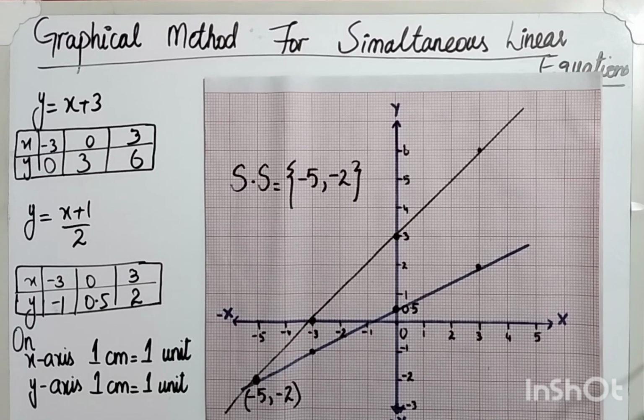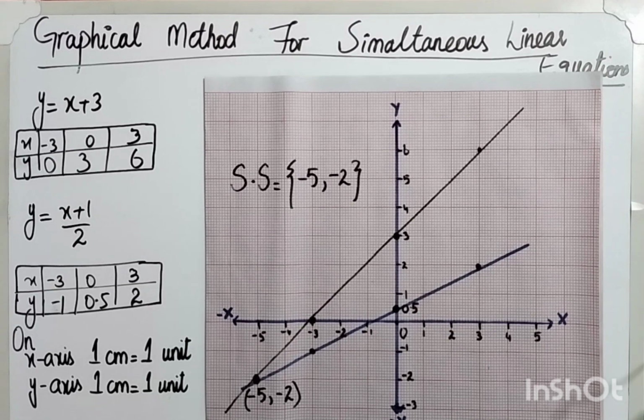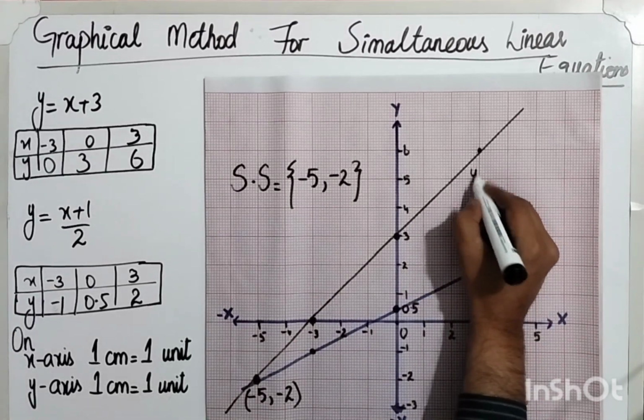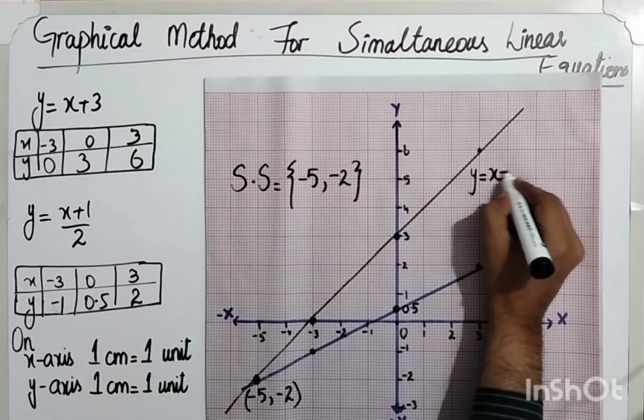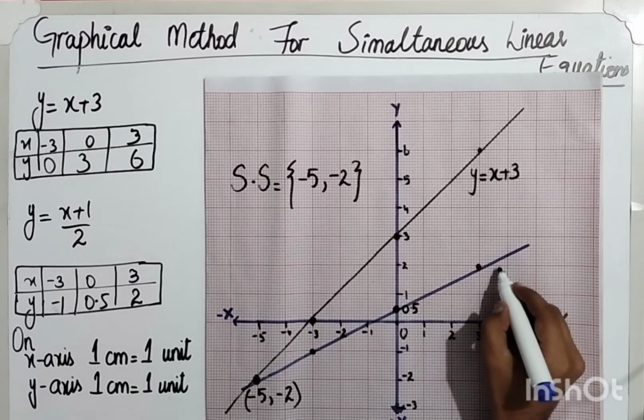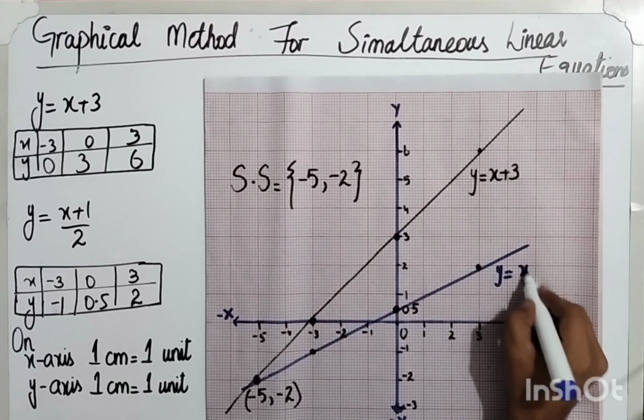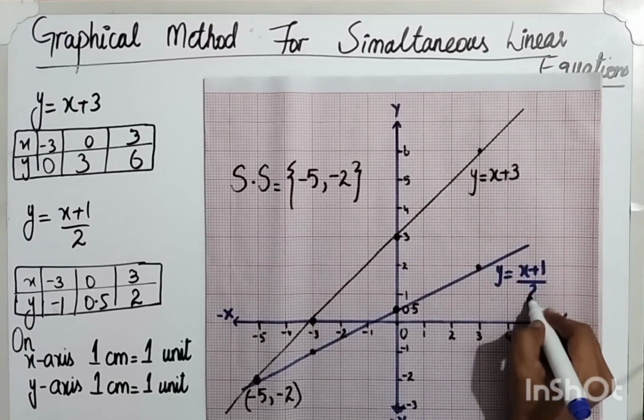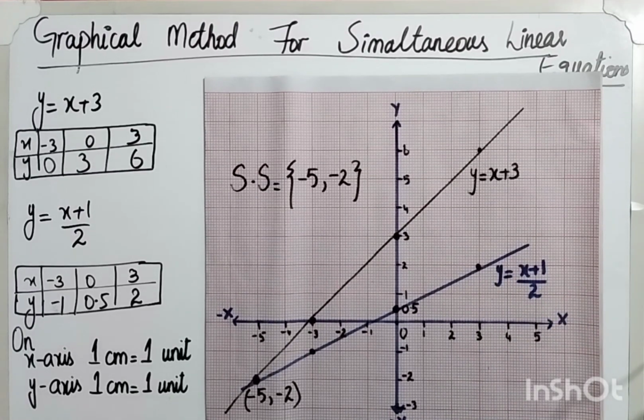The black line shows the graph of the equation y equals to x plus 3, and the blue line shows the graph of the second equation, that is, in this case, y equals to x plus 1 divided by 2. So this is how we are supposed to draw the graphs for simultaneous linear equations and find out their solution sets.